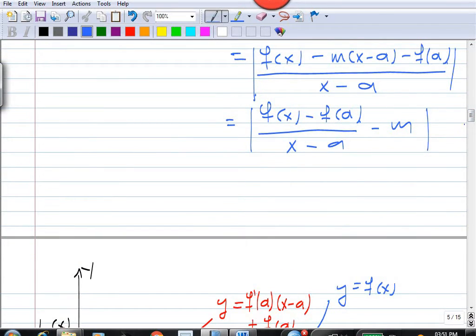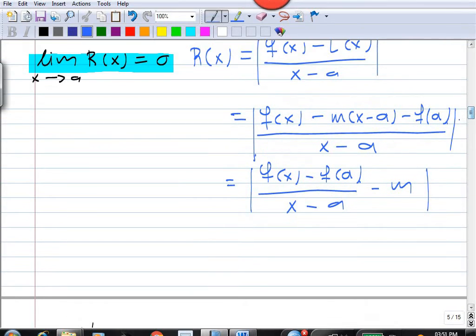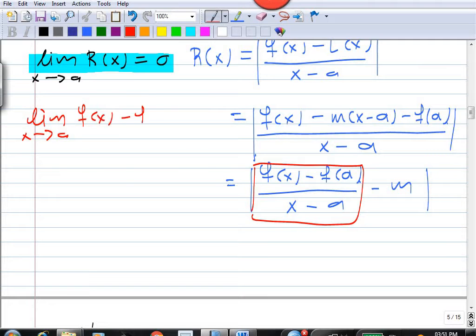Now, we know what this term does as x goes to a, right? The limit as x goes to a of f of x minus f of a over x minus a is the derivative of f at a.